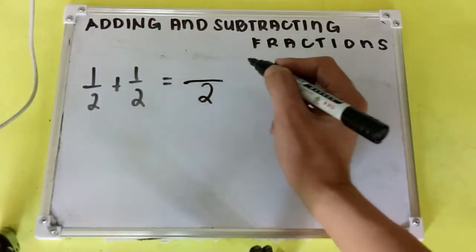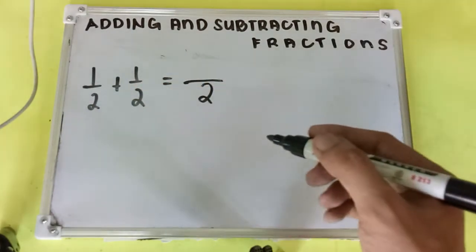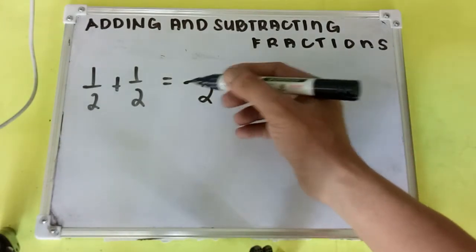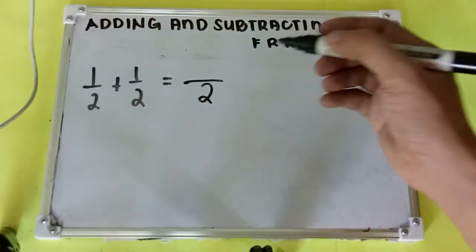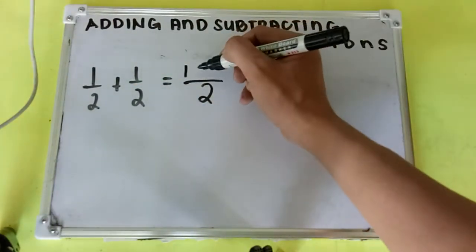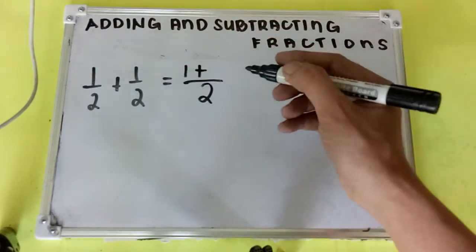So ang denominator niya ay 2. So ang final answer or yung sagot is 2 ang denominator. And then for the numerator, kokopyahin lang natin yung numerator ng first term, and then kung anong operation, halimbawa, so in the given example, that is 1.